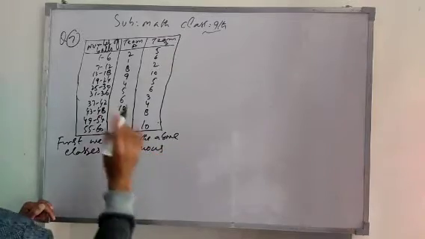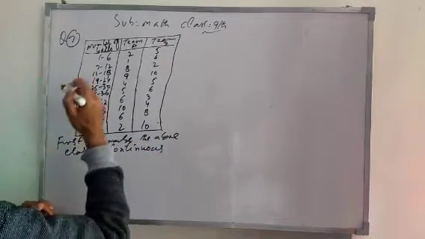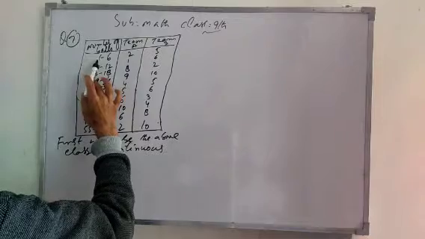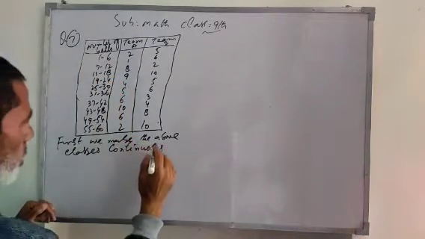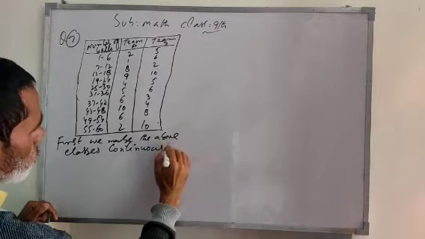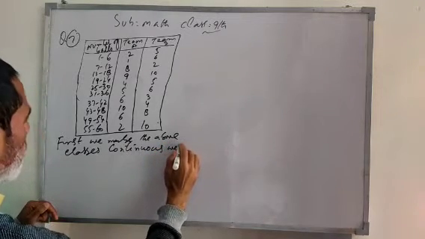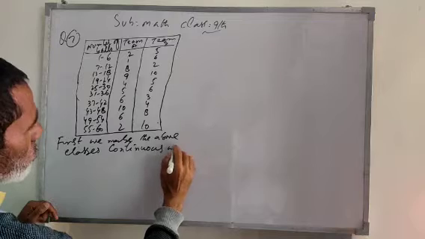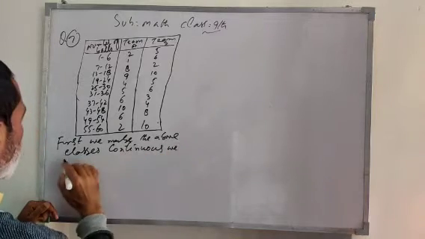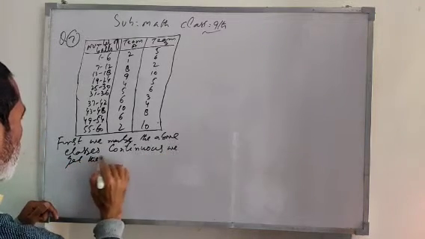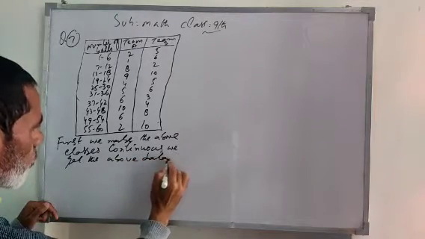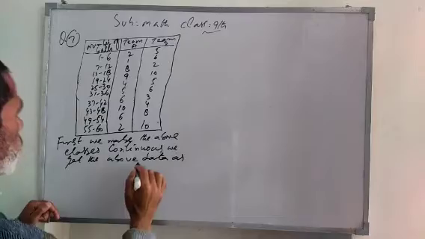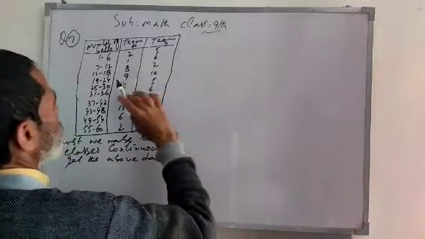For this, we have to subtract 0.5 from each lower limit and add 0.5 to each upper limit. We get the above data as follows, and also we have to find class marks.